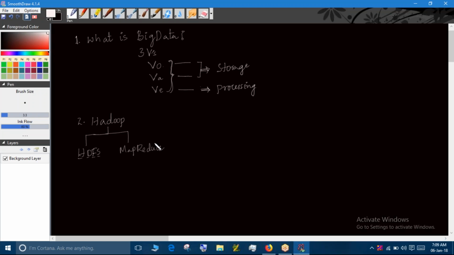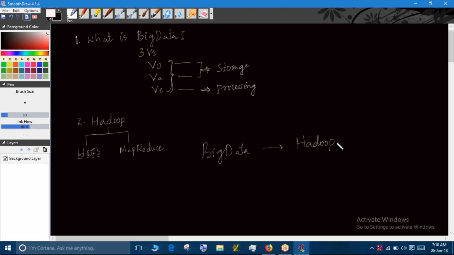But we have understood clearly these two things: what is big data and what is Hadoop, and what relationship exists between big data and Hadoop. Because whenever you hear the term big data, parallelly we also hear the term Hadoop. Whenever we hear the term Hadoop, we also hear big data.